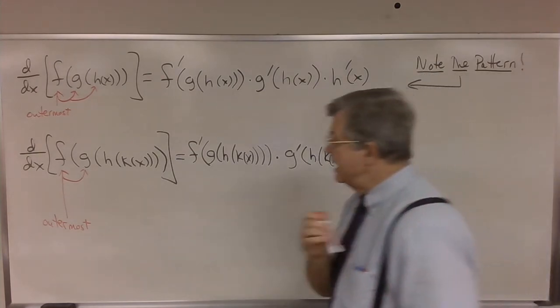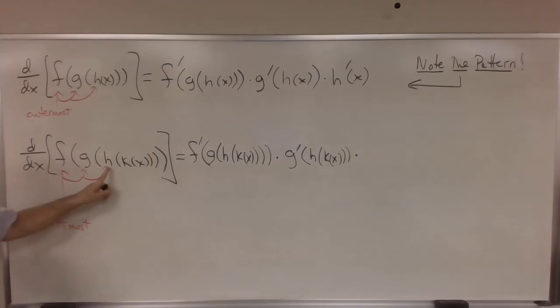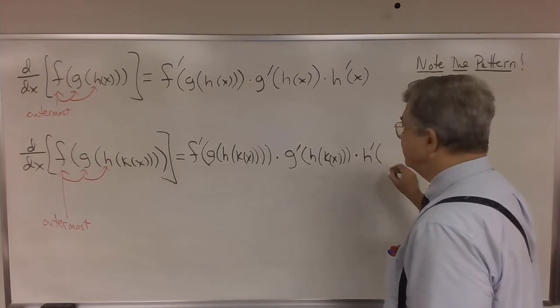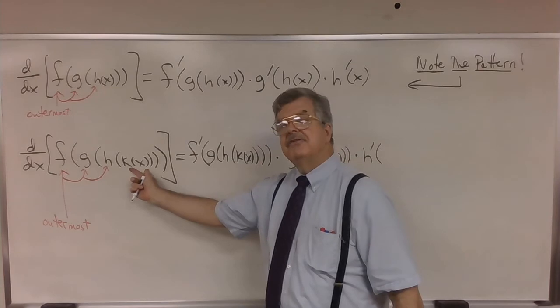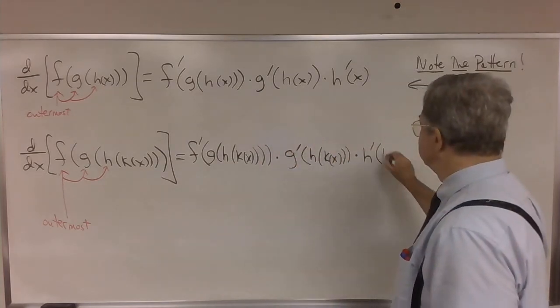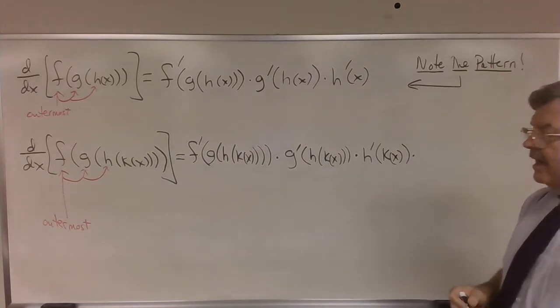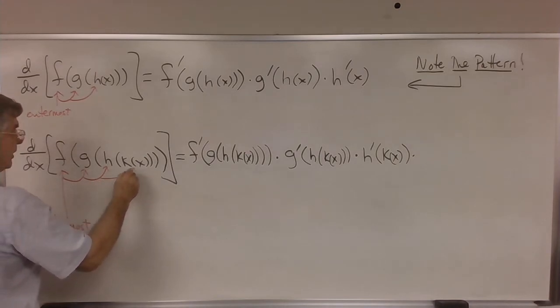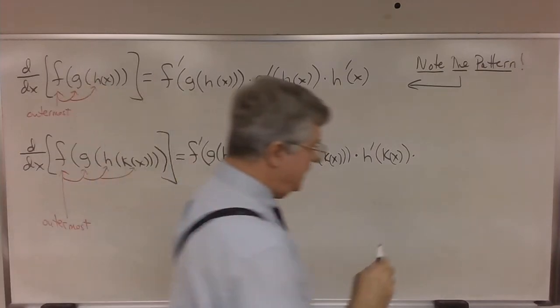We move in again to the next outermost function, h. We compute the derivative of the next outermost function, that's h prime, evaluated at everything inside of it, k of x. And we keep on moving till we get to the inner function. When we get to the inner function, we compute the derivative of it, k prime of x.